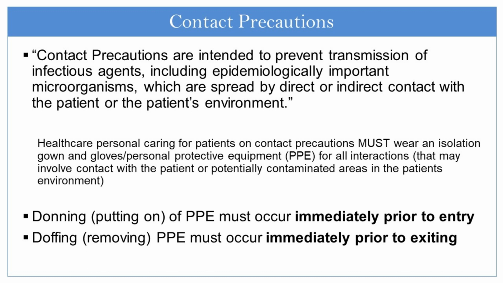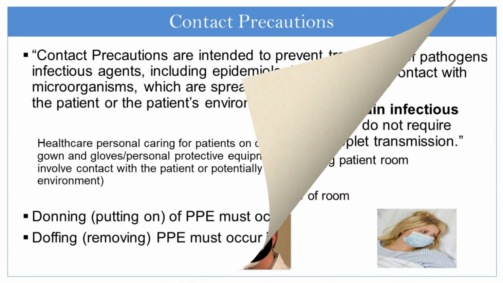Two words are used. Donning, that is putting on the PPE, must occur immediately before entering the room. Doffing, that is removing of PPE, must occur immediately prior to exiting the room.